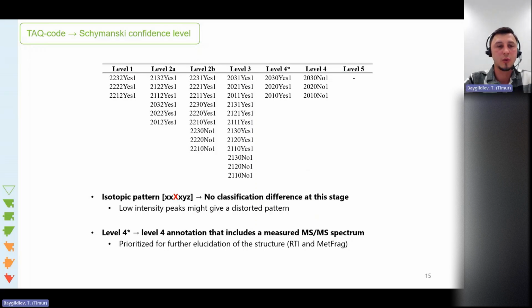The lower the level, the higher the confidence of identification. On the slide, you can see all the possible combinations of the code that lead to the Schymanski confidence levels. Of course, the highest level of identification is level 1, and it can be achieved only if a reference standard is available.